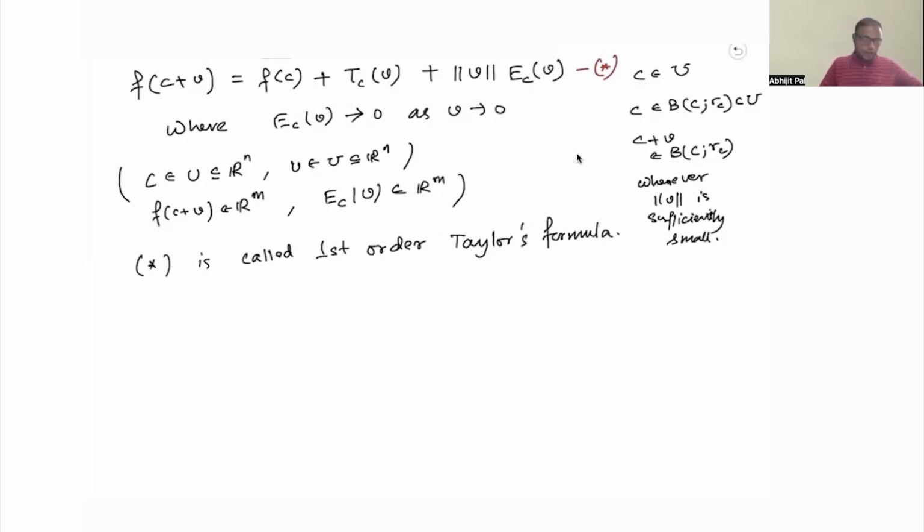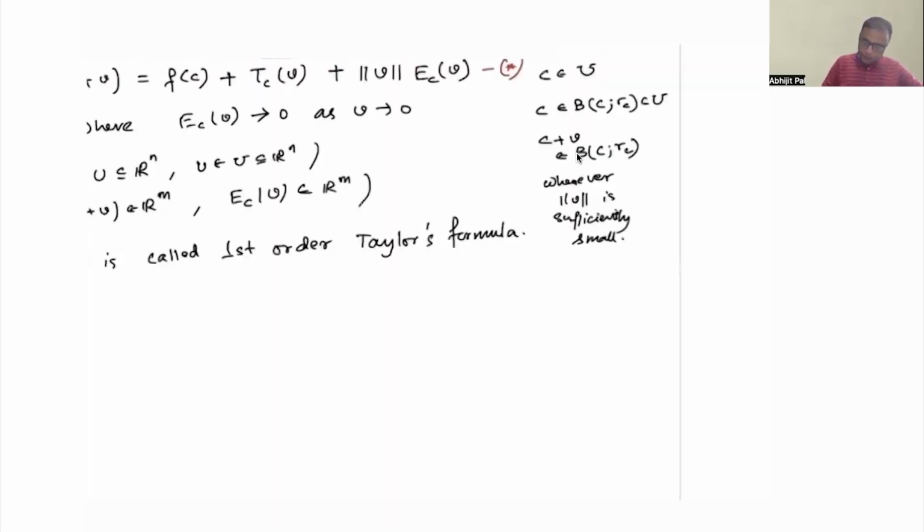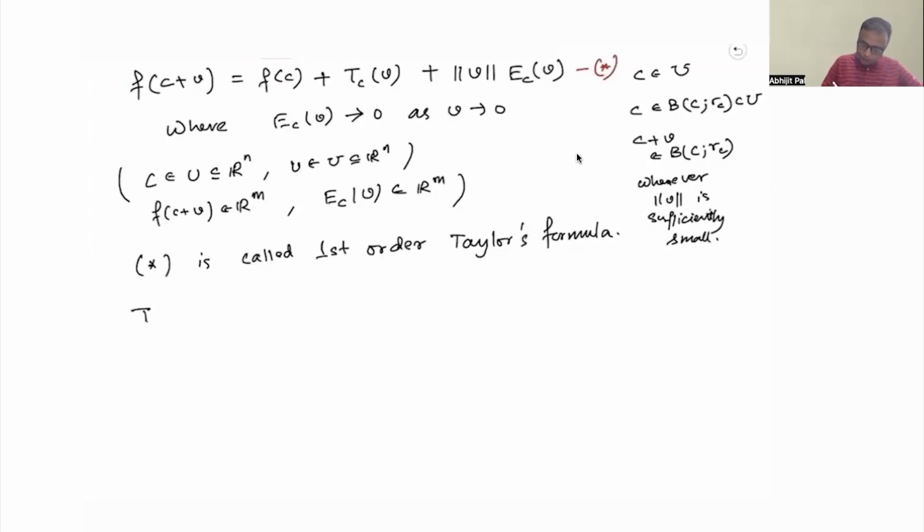And this TC is called the total derivative of f at c. Okay, so now let me prove this proposition.